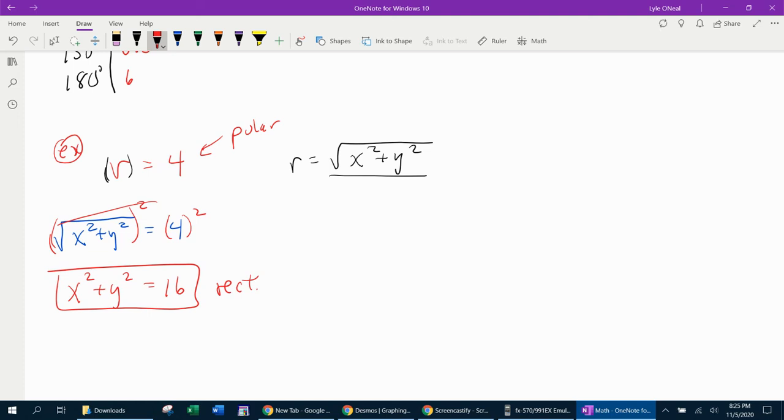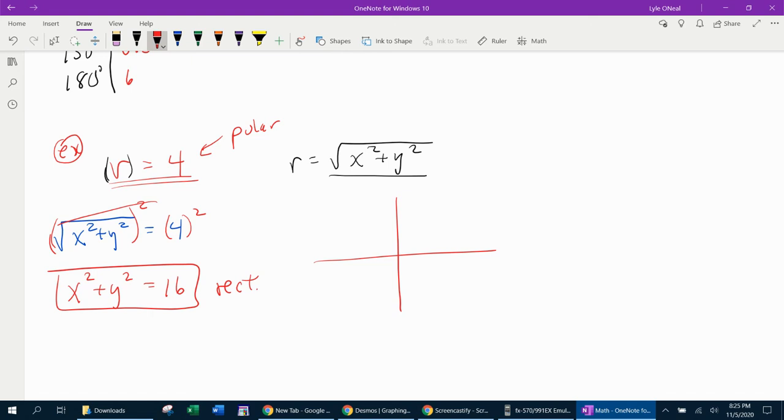And let's talk about what the graph would be. So if you look at your polar equation, it says r equals 4. What that basically is telling you is, hey, you've got a radius of 4, and the angle, since theta is not mentioned, theta can be whatever you want.